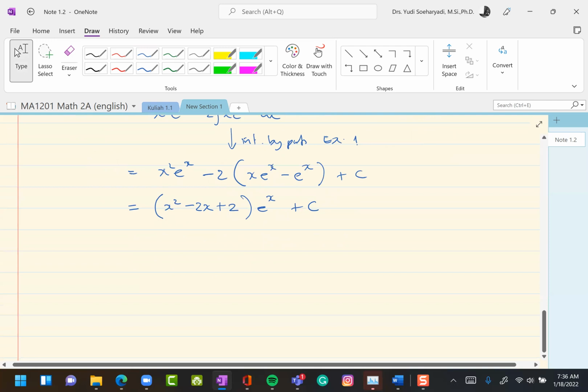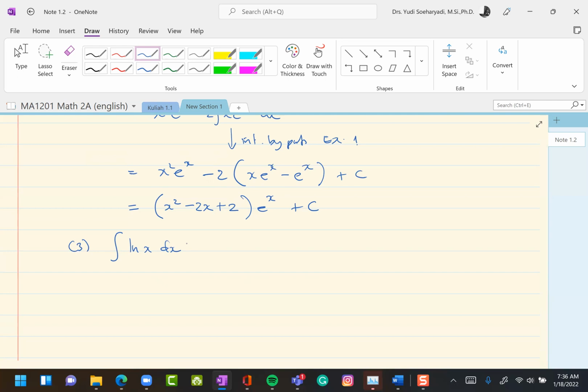All right. Let's take the integral of ln of x. In this case, we don't have many choices here.